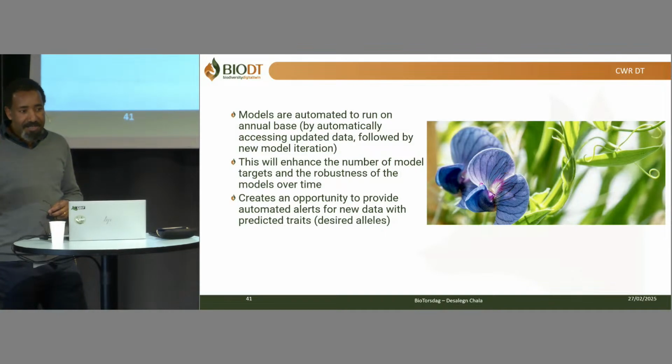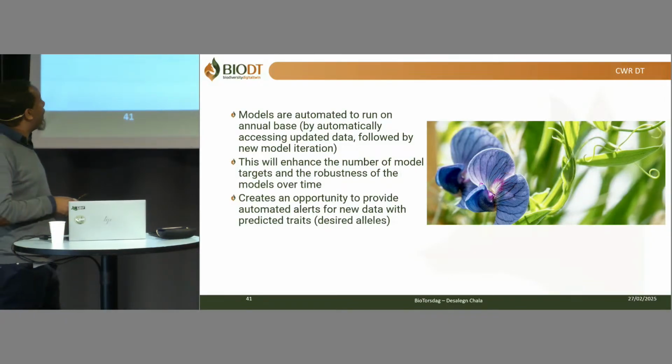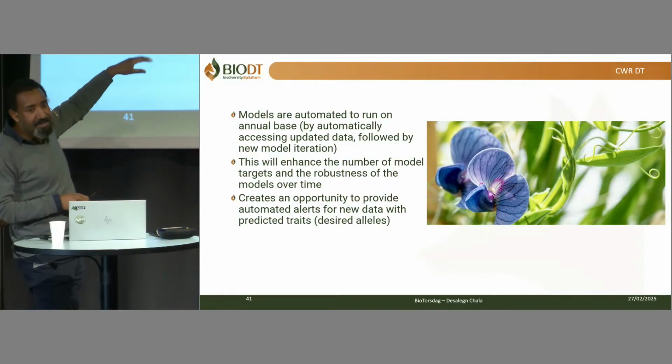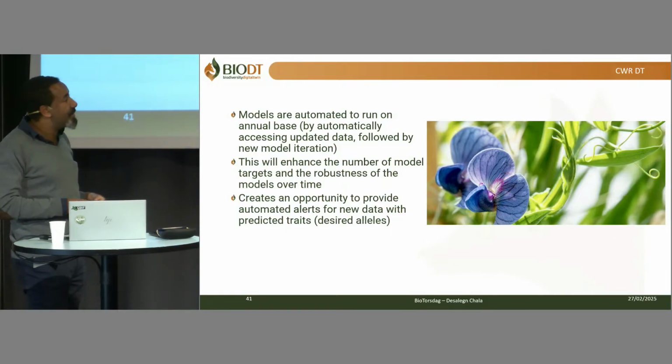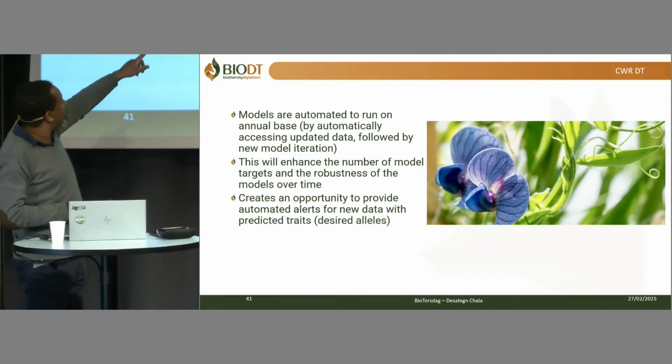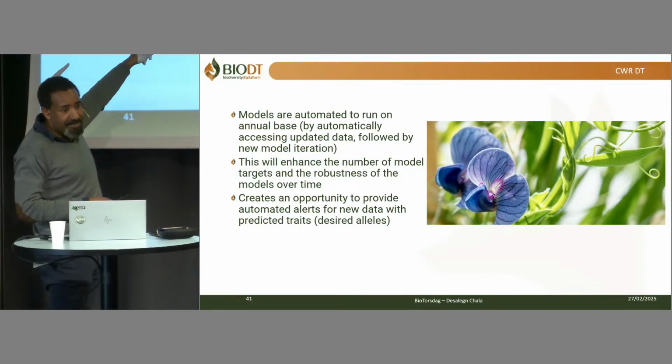And probably after a year, we may have enough data for 19 species or 20 species. So the number of wild species from which we can screen the gene of interest is increasing over time. Not only that, the more data we have, the more robust the model is.